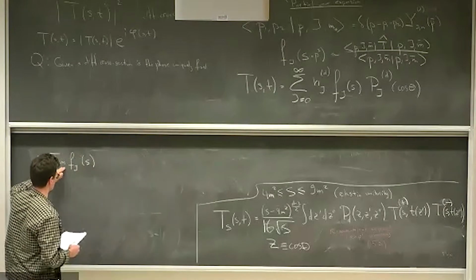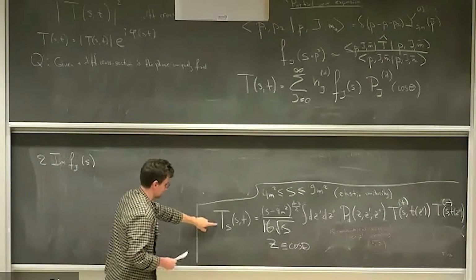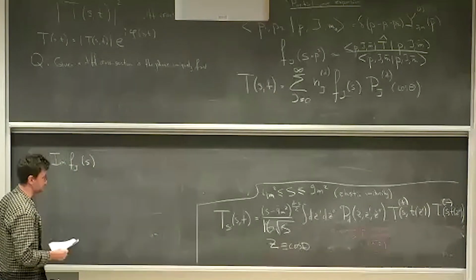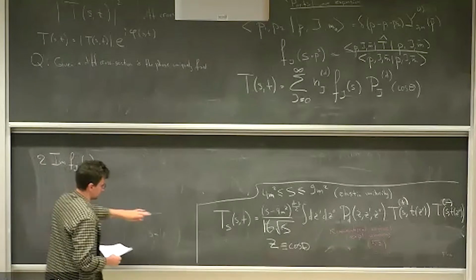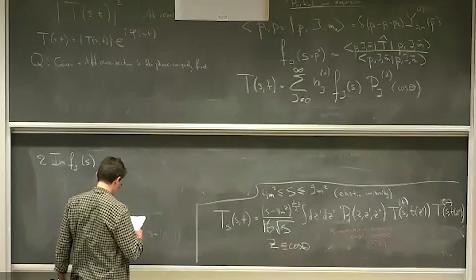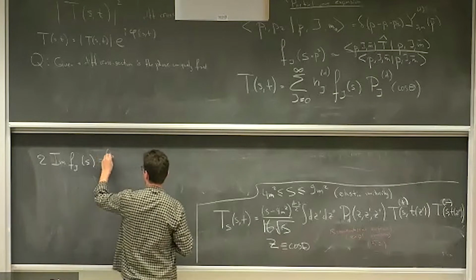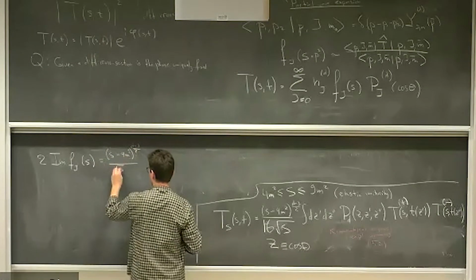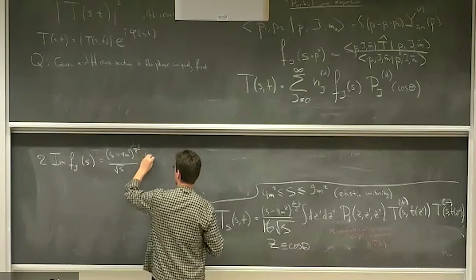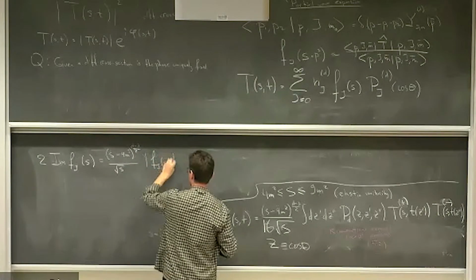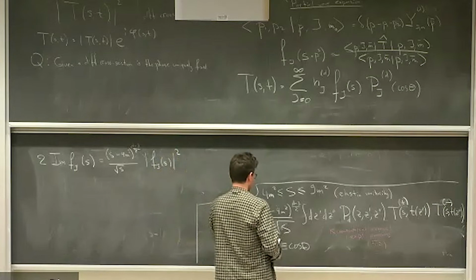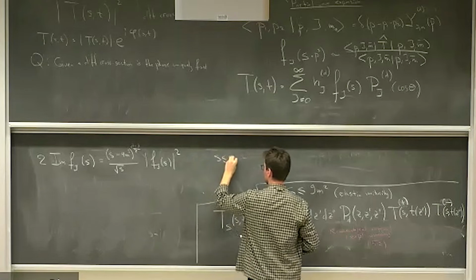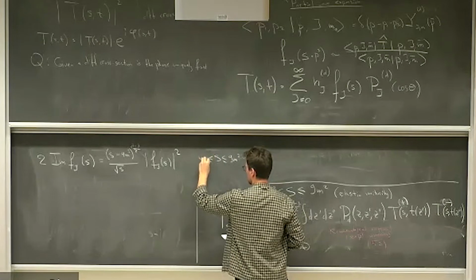So this is the same as the discontinuity of this thing. It's equal for this f_J. It's equal to the imaginary part. So the left-hand side becomes the imaginary part of f_J. And on the right-hand side, you have the square root of (s minus 4m squared) over s, times 1 over 2 square root of s, and you have the modulus of f_J squared. So this is true. This equation, this is elastic unitarity. This is true here.